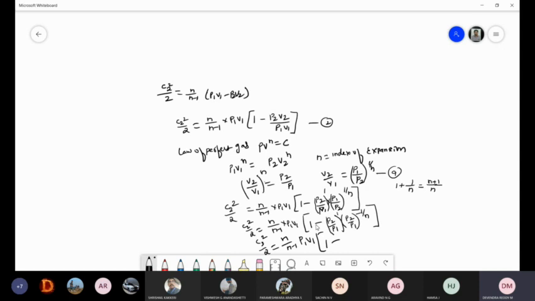Add these powers, 1 minus, 1 plus... add these, how much do you get? 1 minus 1 by n, that is n minus 1 divided by n. This is the final equation. I am adding the powers. This is understood, right?